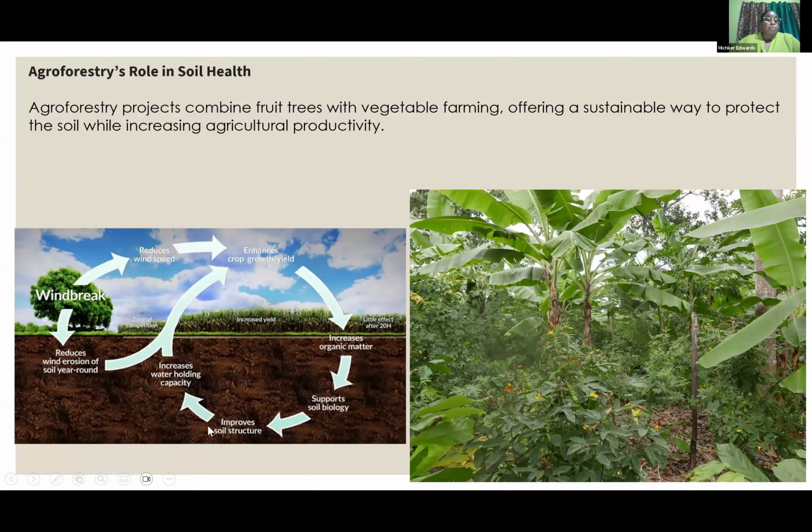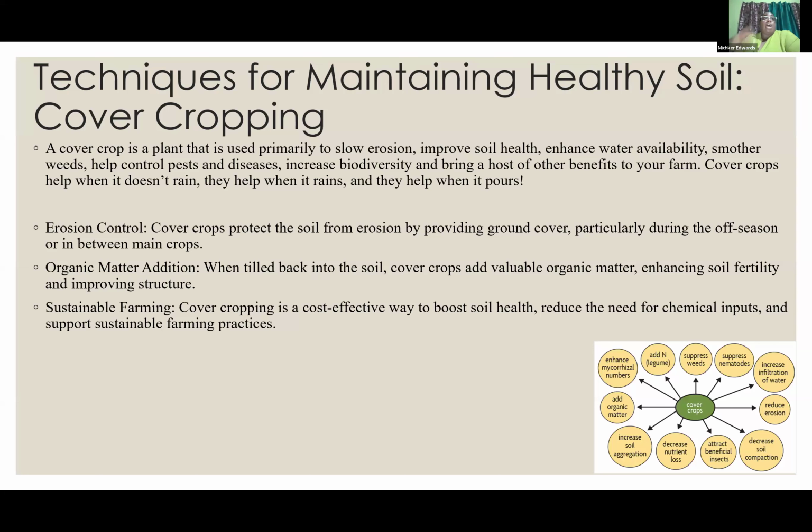So some other techniques is things like cover crops, right? So a cover crop is basically a plant that is used to slow down erosion. So cover crops could be things like peanuts, it could be things like pumpkin, pumpkin vine running on top of the soil. It could be things like cabbage plants at a close spacing, right? It can be things like sweet potato, which is an excellent cover crop. It can be things like peanuts and those sort of things. So these are some examples of cover crops, right?